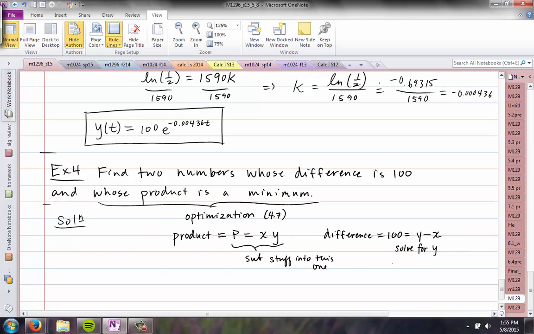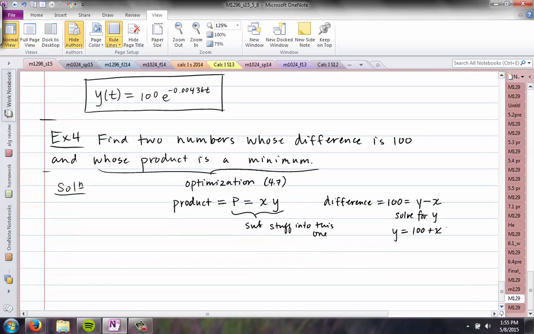So I'm going to get y is equal to 100 plus x. Now the next thing is to sub that in. So this is going to go in here for y. So p is equal to x times y, where y is equal to 100 plus x.